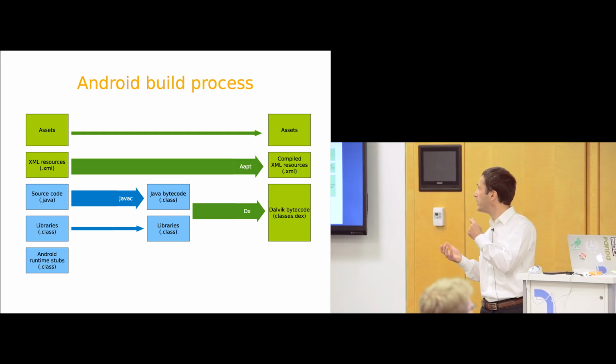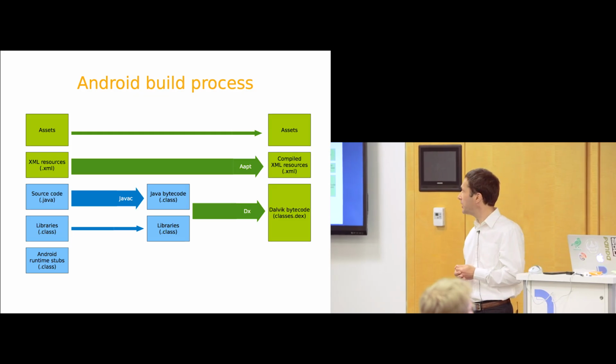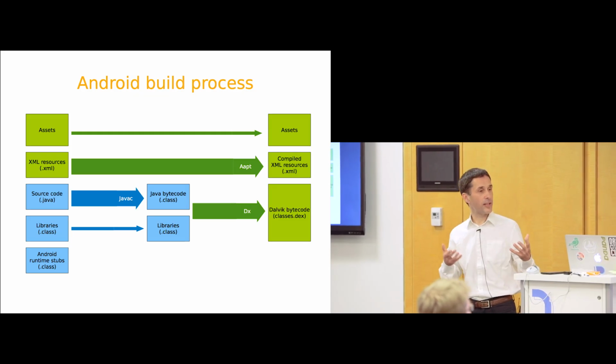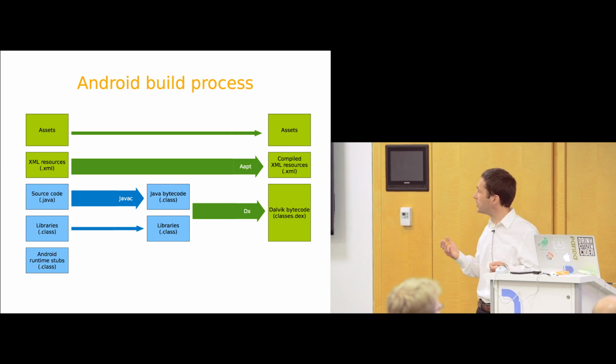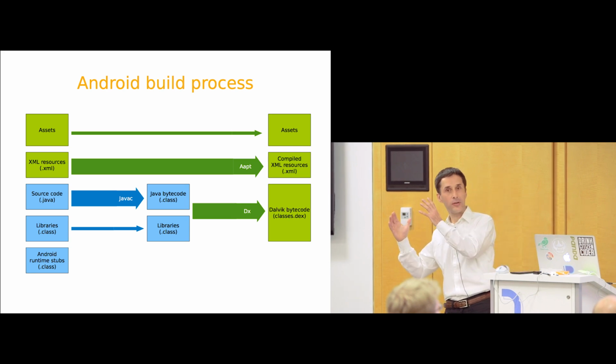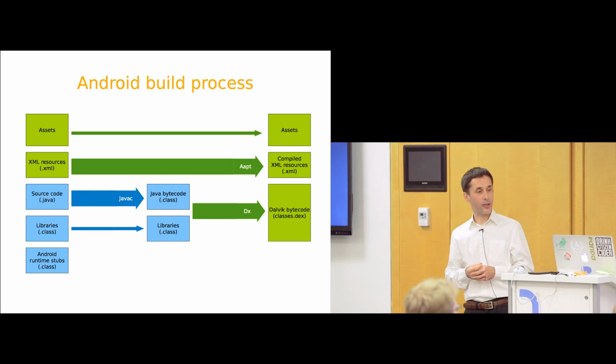The assets get copied, the resources get compiled to binary resources, and your Java code gets compiled to Dalvik bytecode. And that actually happens in 2 steps. First, the Java source code is compiled to Java bytecode, and in the next step, the Java bytecode is compiled or transformed into Dalvik bytecode.